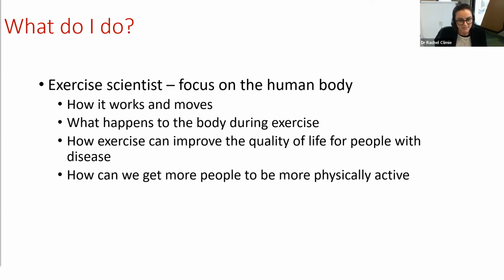Exercise scientists can work with elite athletes such as Olympians to help them improve their sporting performance, or they can work with people from the public, helping them to improve their health through exercise or recover from injury and illness through physical activity. I'm extremely passionate about physical activity and how beneficial it is for our entire body. That's why I choose to work with people from the public.